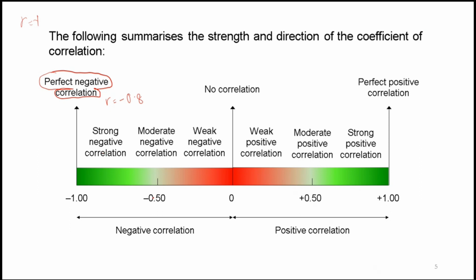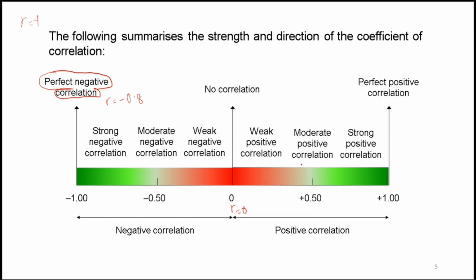For moderate, the value is negative 0.5. For weak, the value of r is between 0 and negative 0.5, so this is considered weak negative correlation. And if r equals 0, it means that there is no correlation, so no relationship.